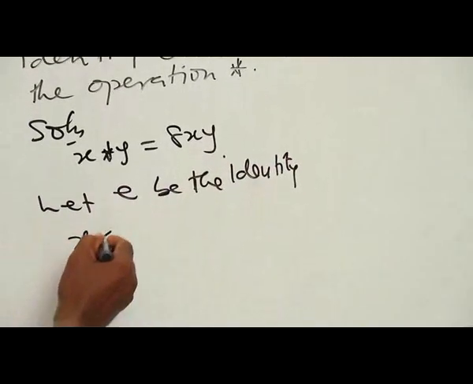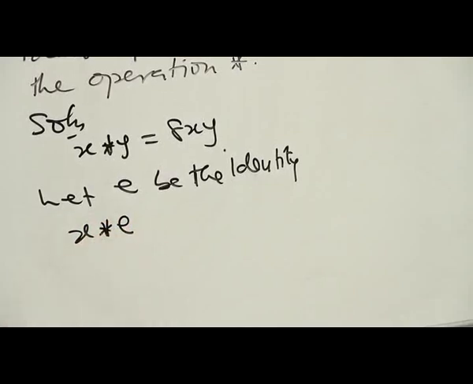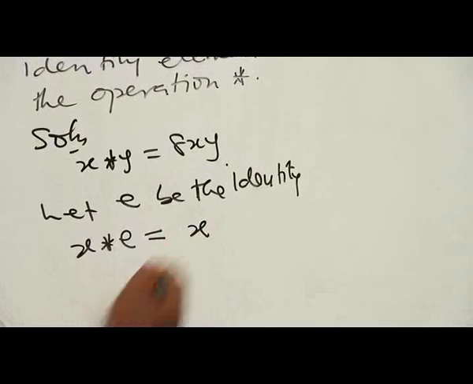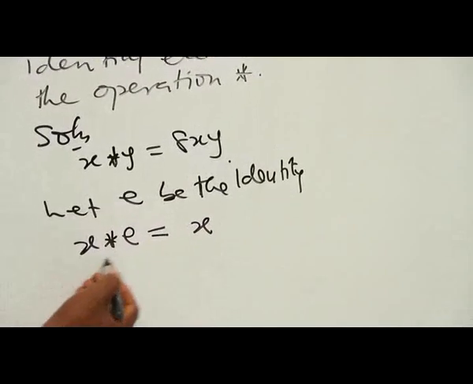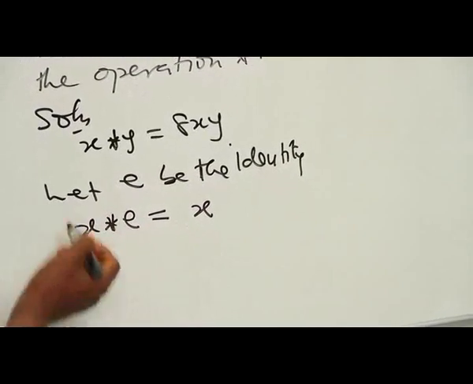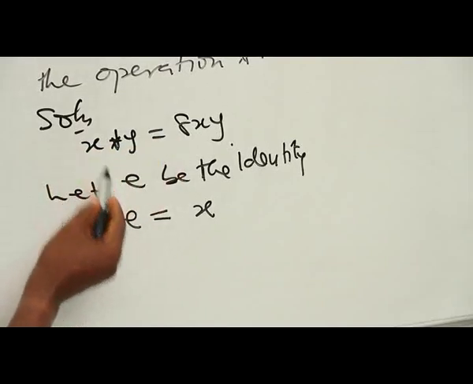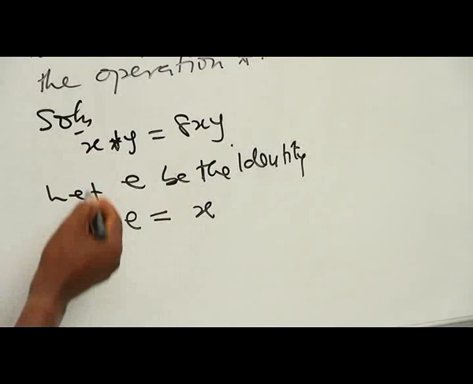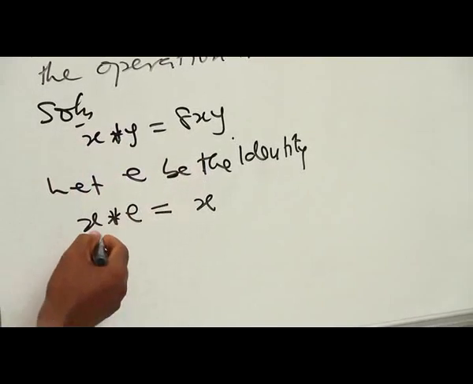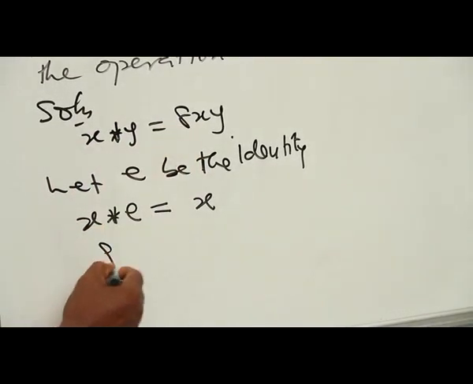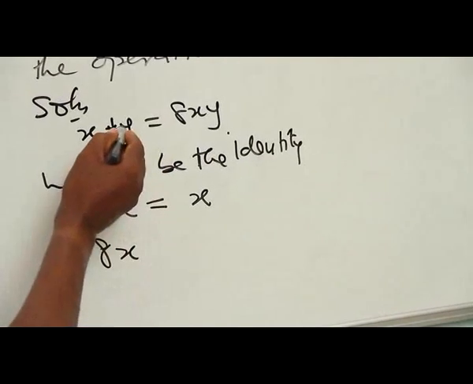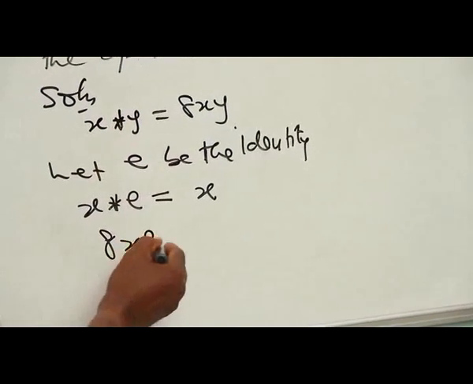Therefore, S operated on the identity element must give you the result equal to S. Apply this operation on the given rule: 8 is the constant there, multiply this by S, and the E now takes the position of Y, and that is 8SE.